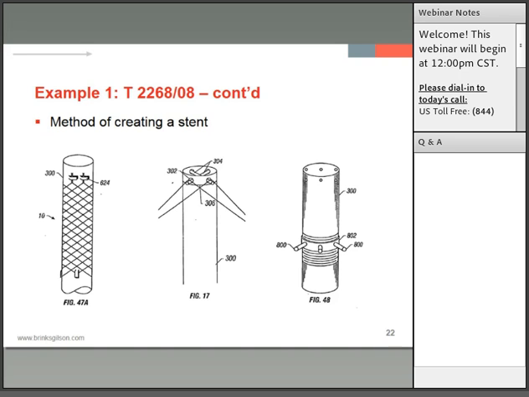So we have, on the left side, a first structure that shows the wires wrapped around this tube. The tube is called a template in the application, and it has the shape of the final stent, in this case a cylindrical shape. And then in the middle we have figure 17 that shows pins that are called finishing pins or finish pins that are used to anchor the wire at the time to braid it around this template.